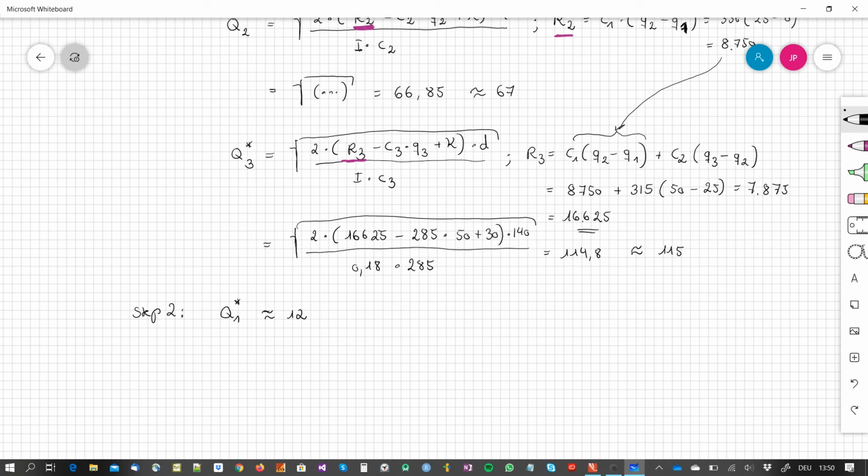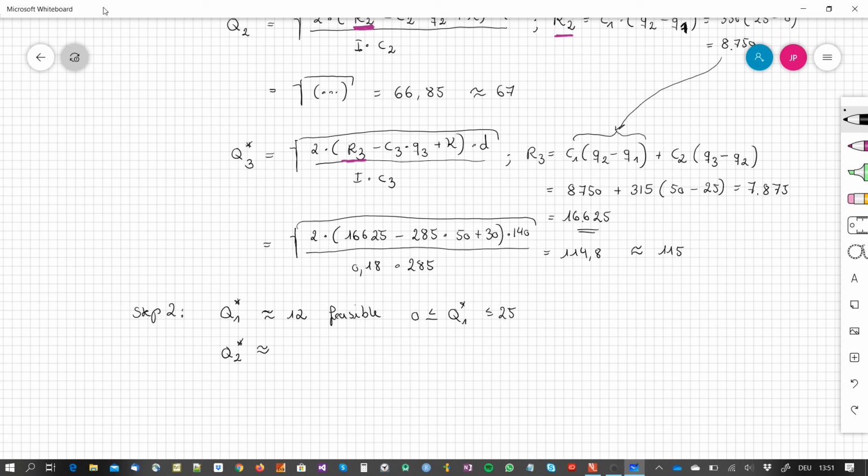We allow for quantities that are discrete but infinitely divisible, so they can be fractional. So our first price range was in between 0 and 25, and with 12 this is feasible because it is within the range.